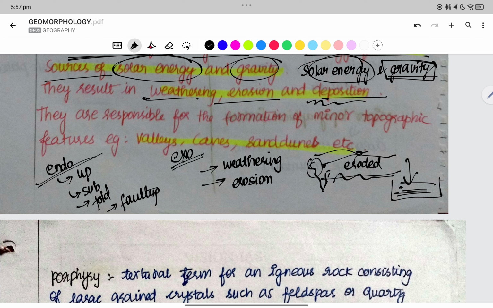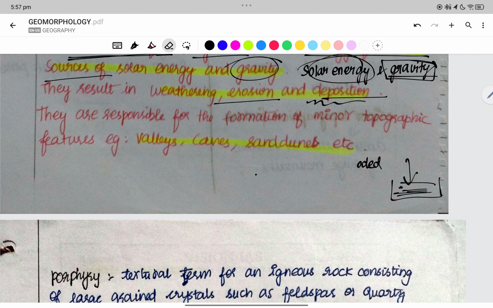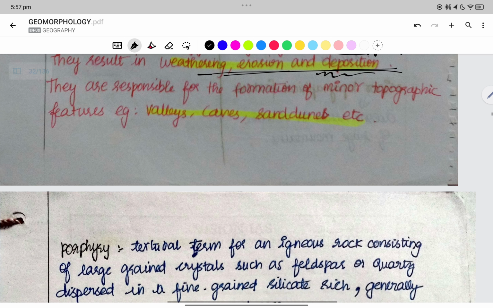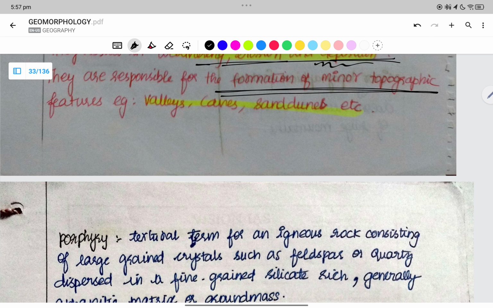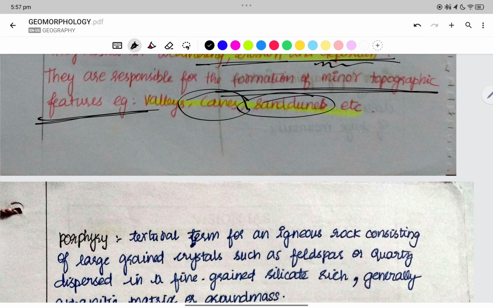For endogenetic forces, the result is upliftment, subsidence, folding, and faulting. In exogenetic, we have weathering, erosion, and deposition. They are responsible for the formation of minor topographic features like caves, valleys, and sand dunes.